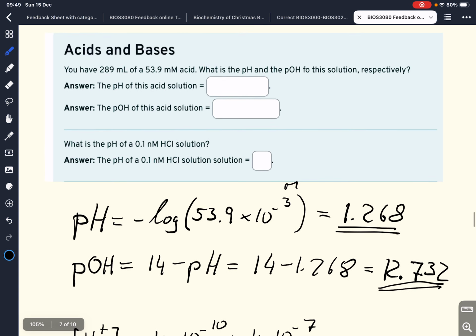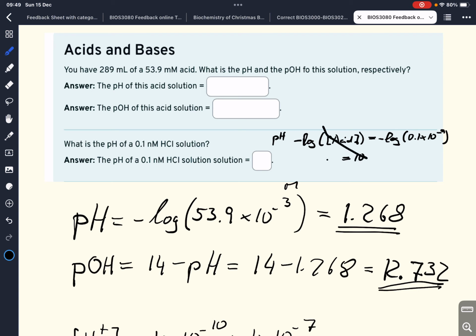If we say, for example, okay, we just simply apply negative log of the acid concentration for the pH, and we just simply put in negative log of 0.1 times 10 to the minus 9, which would be molar, we would get a pH of 10.